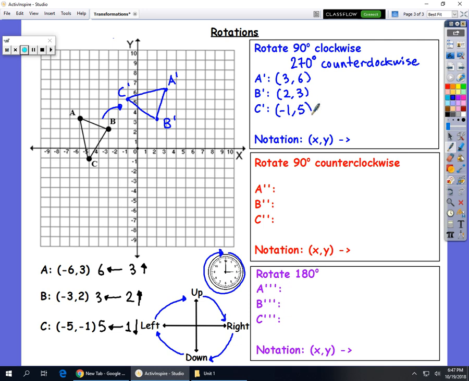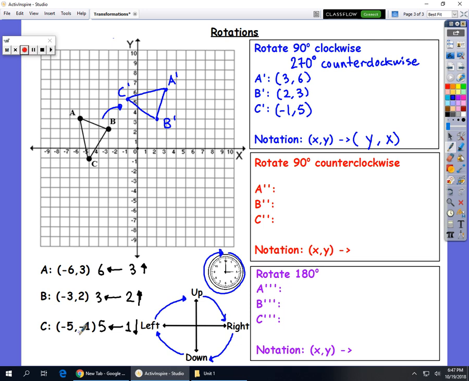All right, look at these points, and look at the original points. There was definitely some kind of a swap. X and Y values have switched, but not exactly, there's something else that happened. There's more going on than just that. 3 to negative 1, it looks like the Y values stayed as the Y values.